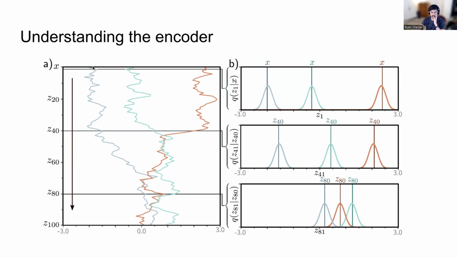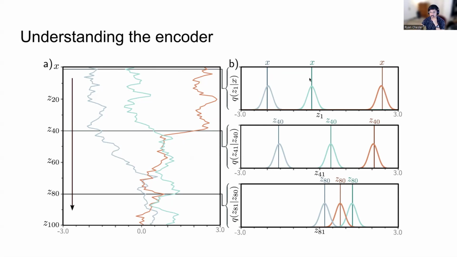This chart, going from top to bottom, is showing that as you apply more and more noise, it's eventually going to converge to having a mean of 0 and standard deviation of 1. This is how it originally came in. This is just a single variable that we're applying noise to a bunch of times, and eventually it gets close to 0 for all of these that actually started at very different values.